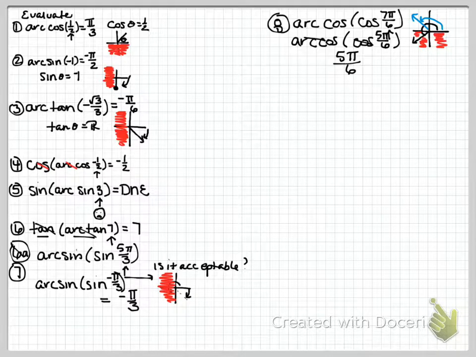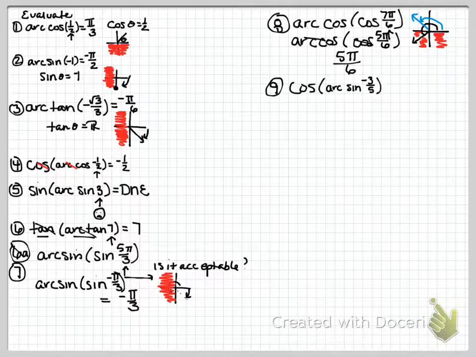Okay, so let's look at number 9. All the rest of the examples are going to involve the Pythagorean theorem, so they're all going to be a little bit different than what we've been doing. So I want the cosine of arc sine of negative 3 over 5.